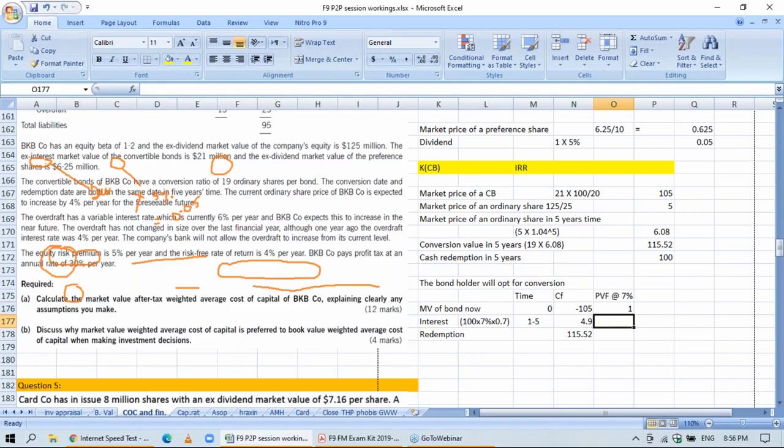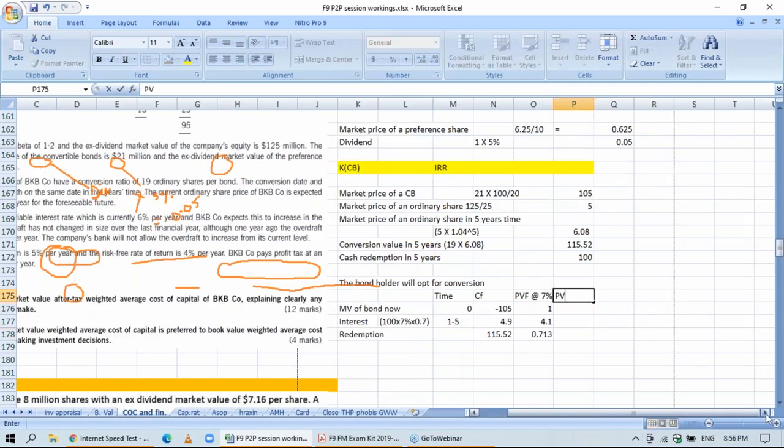The present value will be as follows: 4.9 into 4.1 becomes 20.09, and 115.52 into 0.713 will be 82.37.